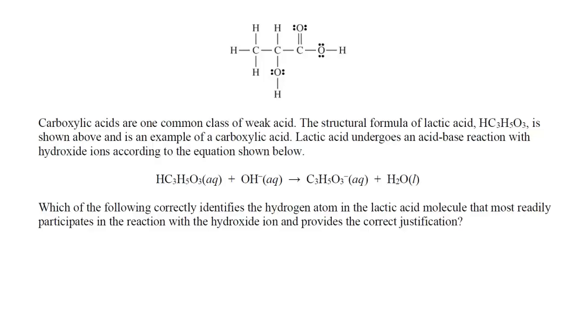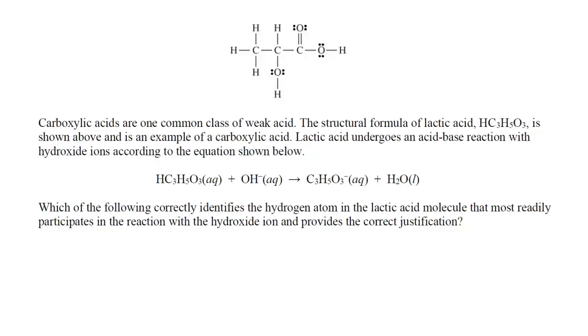In question 1, we are given the following information. It says, carboxylic acids are one common class of weak acid. The structural formula of lactic acid, HC3H5O3, is shown above and is an example of a carboxylic acid.